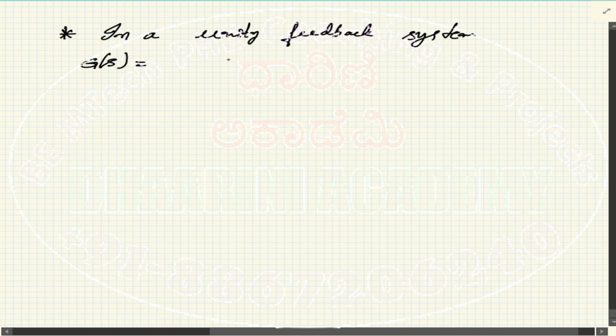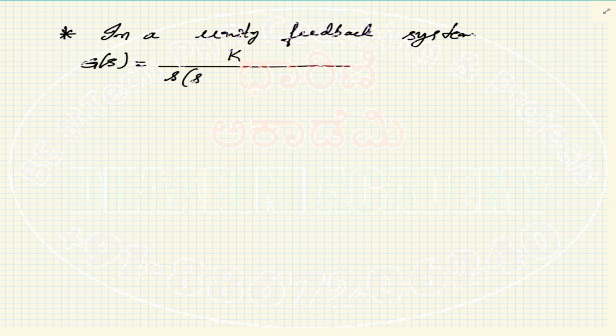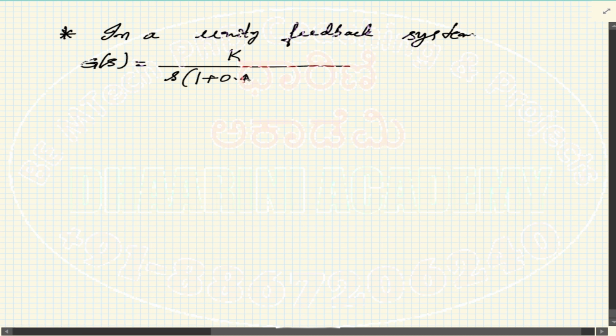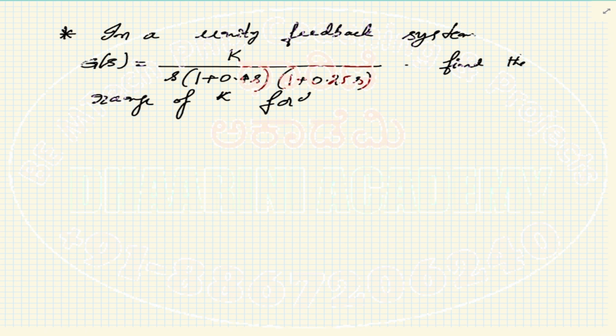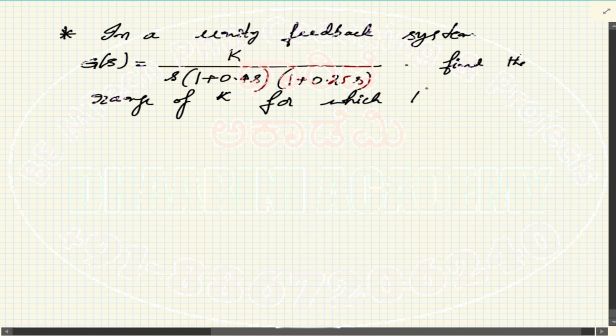G of s is equal to k over s into 1 plus 0.4s 1 plus, okay, now the question is find the range of k for which the system is stable.